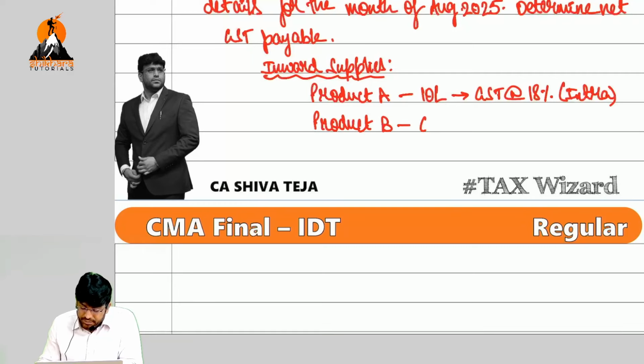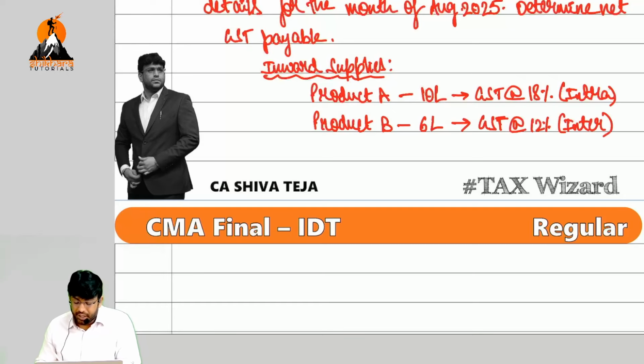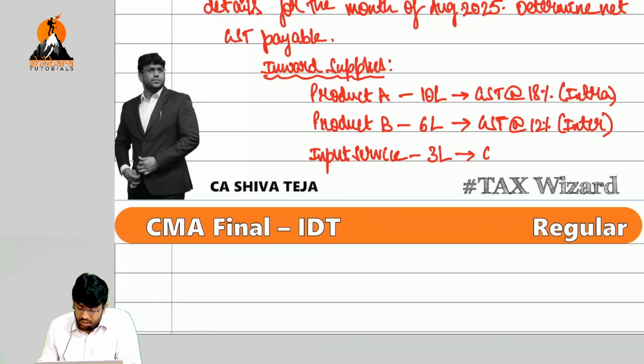Product B, 6 lakhs, GST at 12%, inter. You understand what is intra, inter, no? Please. Then input service, 3 lakhs, GST at 18%, inter.